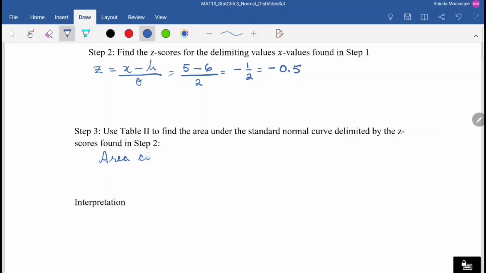The area corresponding to z of negative 0.5. Now, not just the area, but its area to the left. Let's be very specific here. Let's be precise. Area to the left corresponding to z of negative 0.5 is 0.3085.